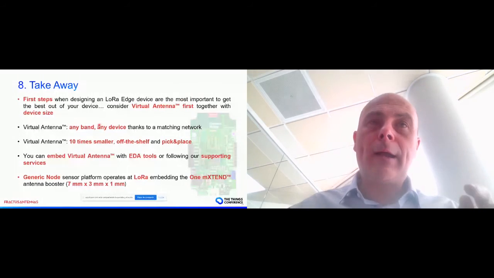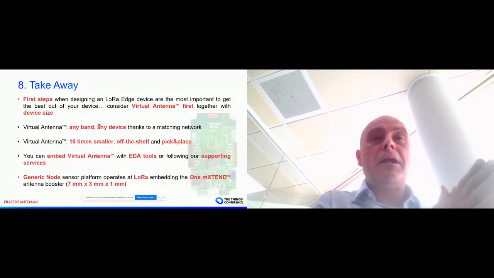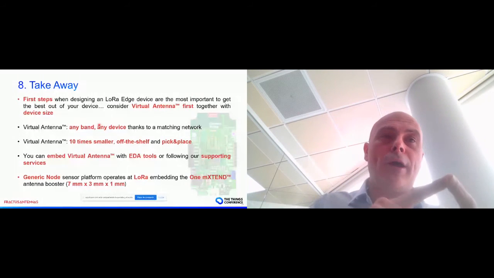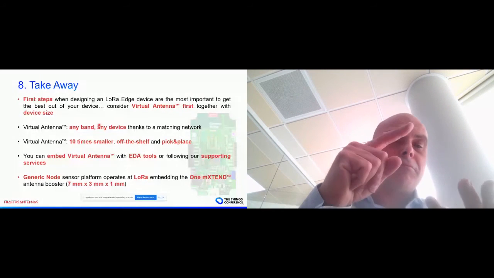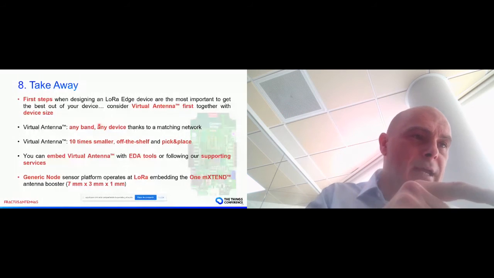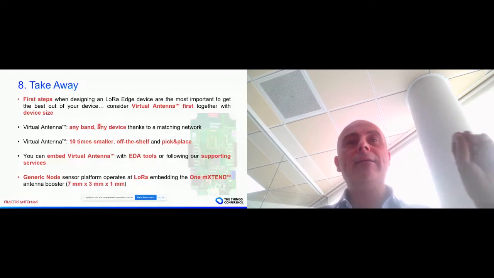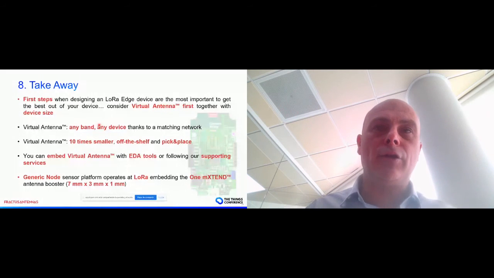Virtual antenna can operate at any band, any protocol, any radio, as you saw with the TRIO-MX10, LoRa, Sigfox, also GPS, also Wi-Fi in a single component, thanks to the addition and the simple design of a matching network. Virtual antenna, to give you a very nice takeaway, is 10 times smaller than other antenna technologies.